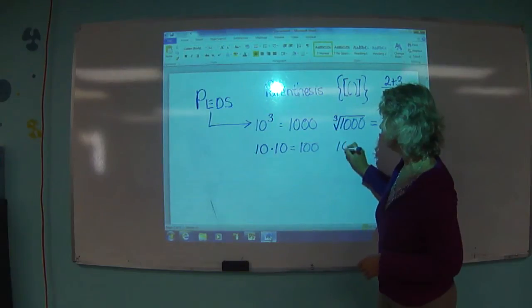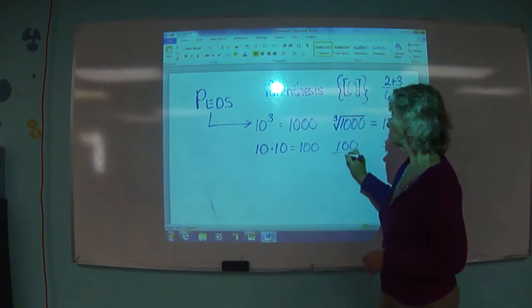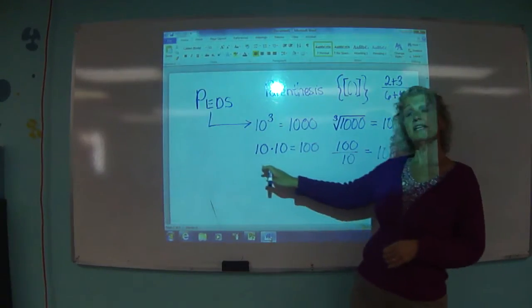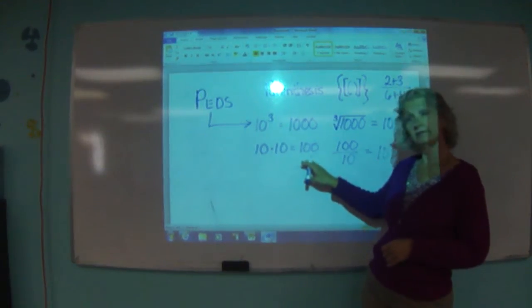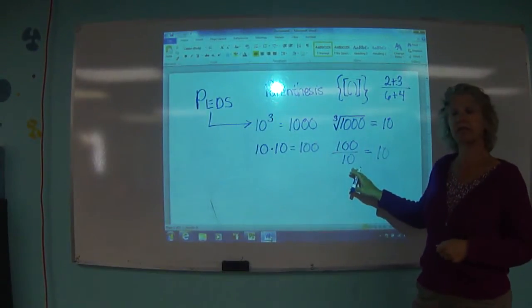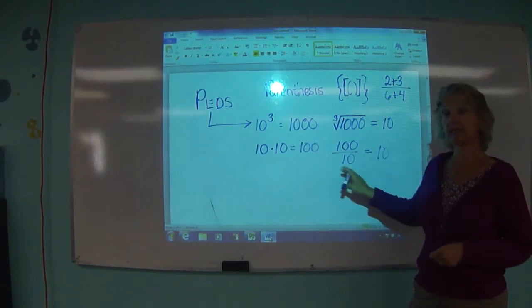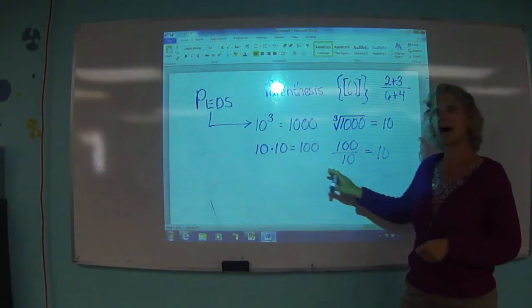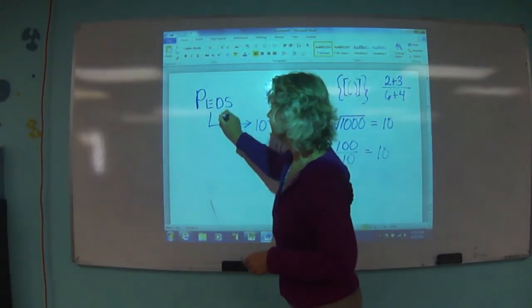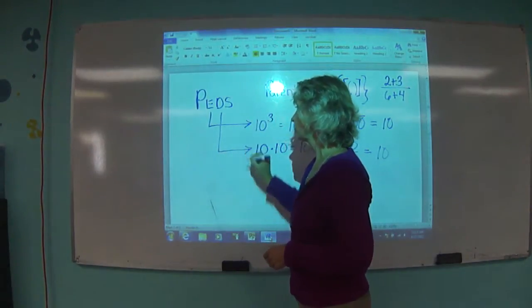What's 100 divided by 10? 10. So you see how you can multiply and then you can undo it with division. That's what an inverse operation does. It does things and then it undoes it. That's all inverse is. So D stands for division and multiplication.